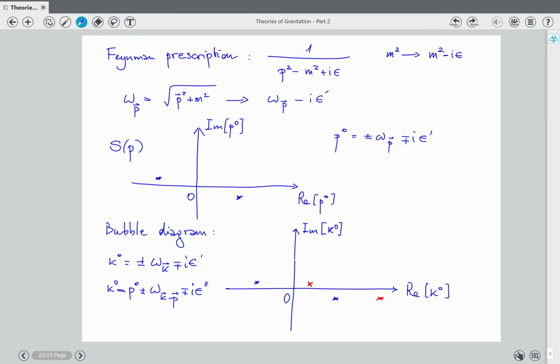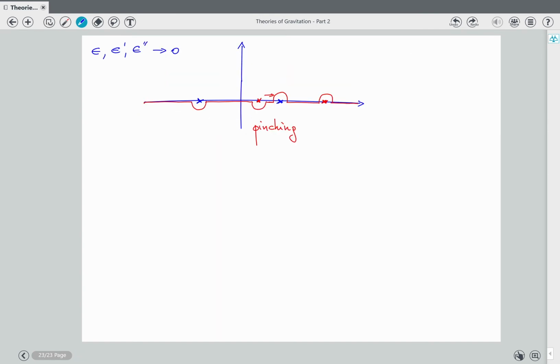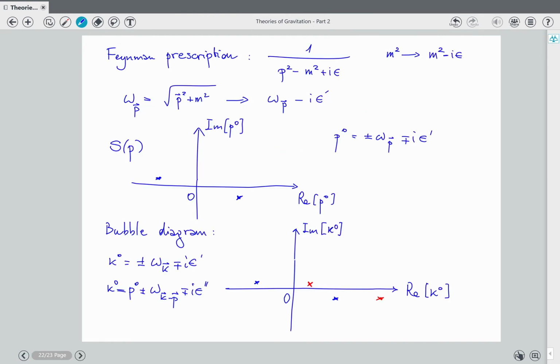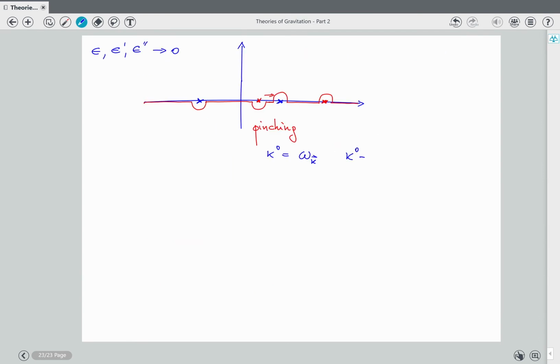So the right one is K0 equals omega K. And the left one is K0 equals P0 minus omega of K minus P. When you combine the two, you have P0 is omega K plus omega K minus P.